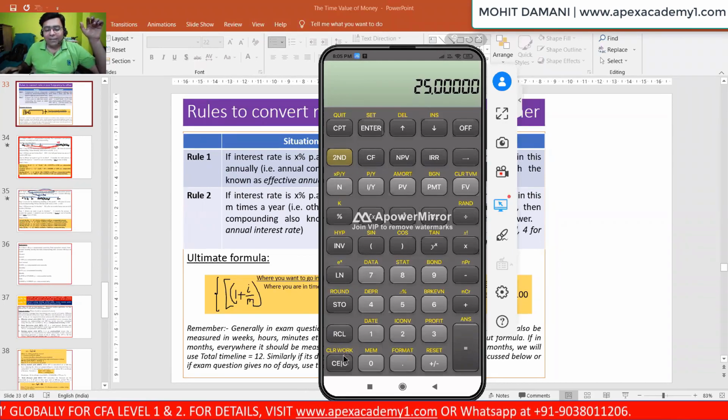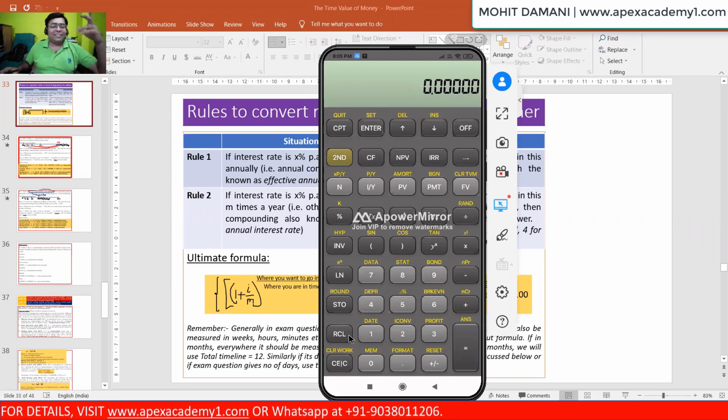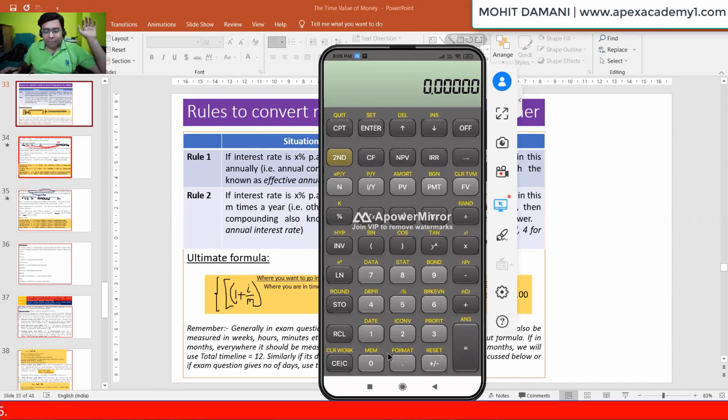Suppose I mistakenly pressed C by C. This is a silly thing, but it happens, and it is a painful thing, especially in an exam. I did all the calculation, everything is done, but before I can check my options and recheck, I mistakenly pressed C by C and the answer got erased. How can I recall my last answer?